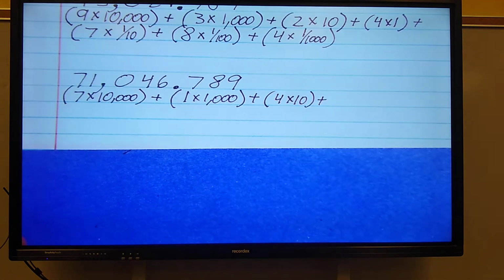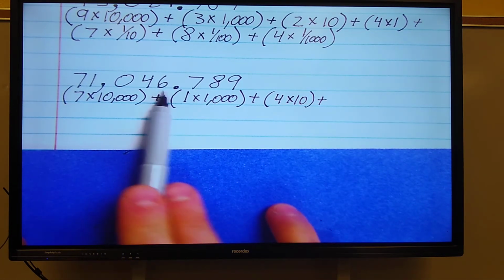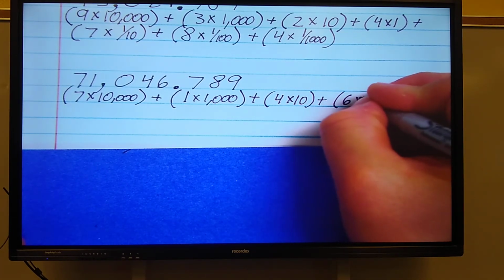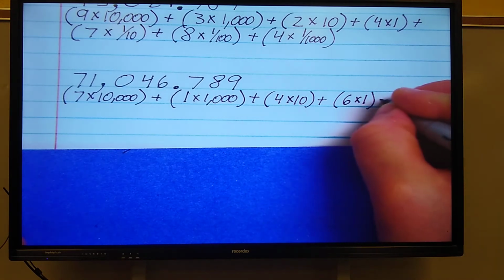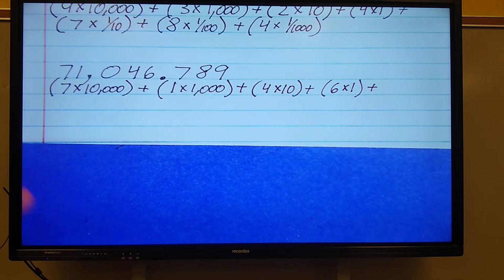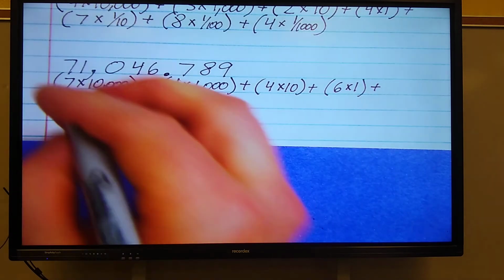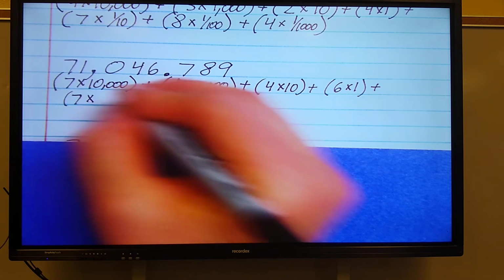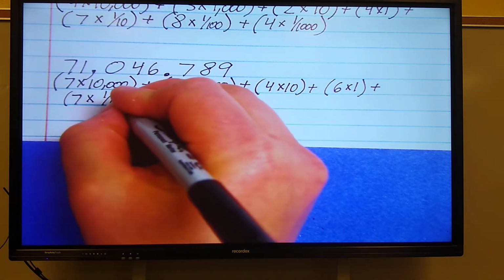Plus 6 is in the ones place, so that is 6 times 1. Plus 7 is in the tenths place, so that's 7 times 1/10.